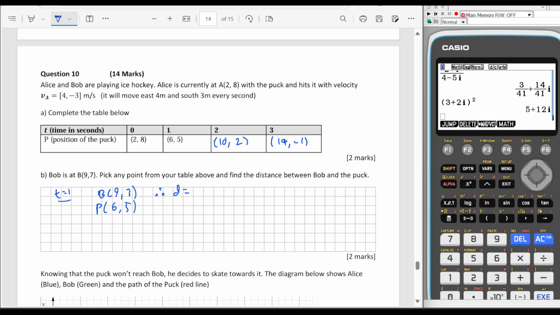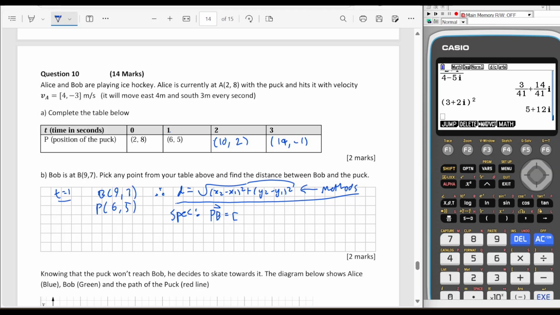Therefore, the distance is, well, there's a couple ways you can do this. The methods version would be to use the distance formula, this whole long formula. So that is sort of the methods version. But in the spec version, we can work out PB, what's the distance from the puck to Bob?